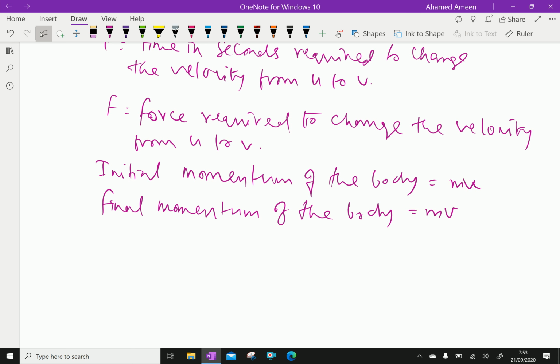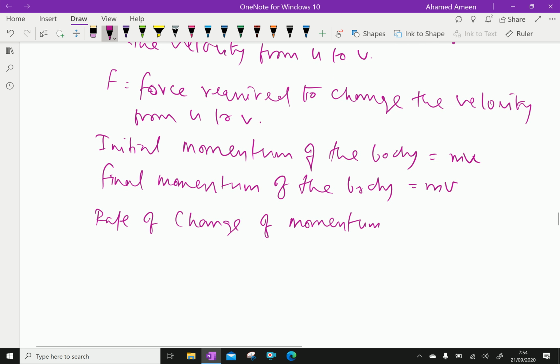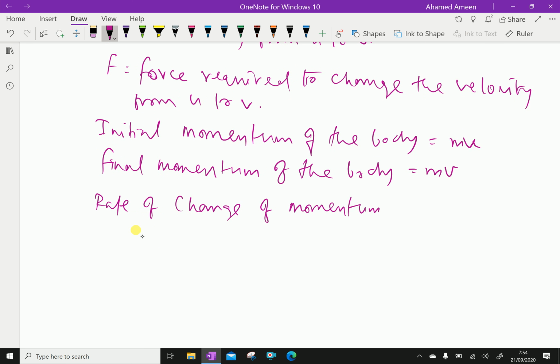The rate of change of momentum is the change in momentum per time, mv minus mu over t.